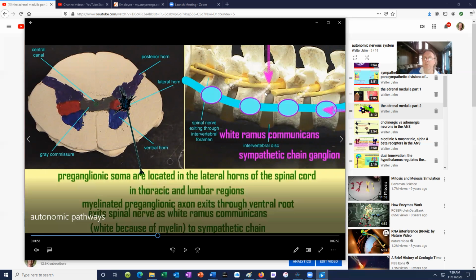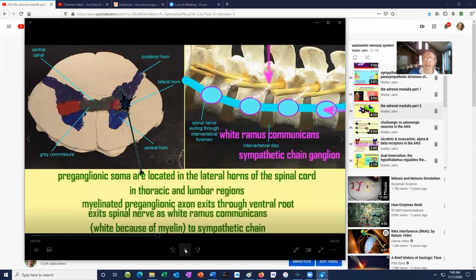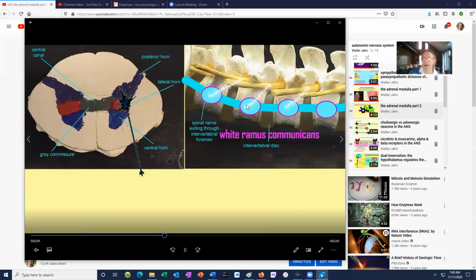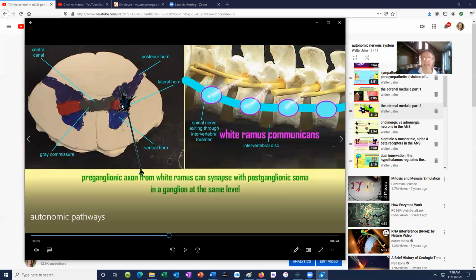So these then are going to leave the spinal nerve and go to the sympathetic chain ganglia, where they then synapse with the postganglionic neuron. So the preganglionic neuron, its soma, is in the central nervous system, in the spinal cord. Its axon comes out here and ends. This is where it synapses with the postganglionic neuron.